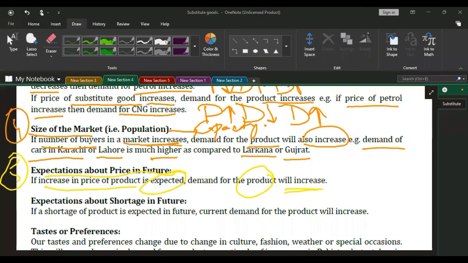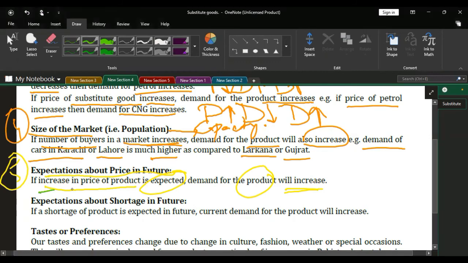So people will move towards such markets where there is high availability of goods. When there is a chance that prices will go higher and higher, people will buy more and more in order to save themselves from high prices.